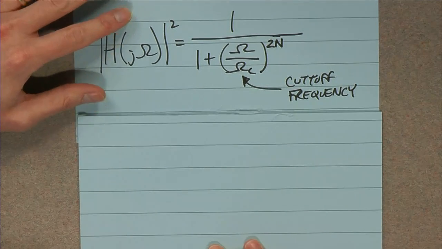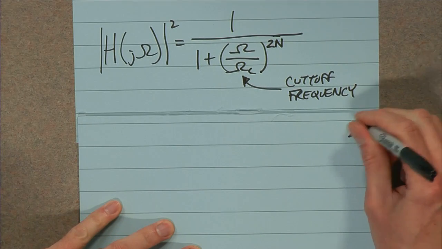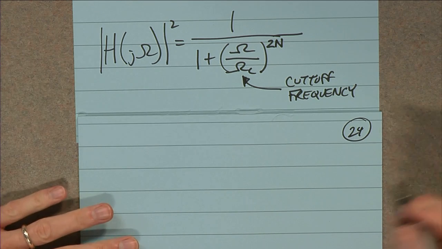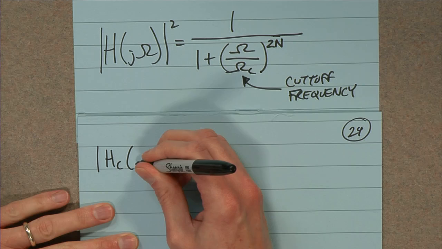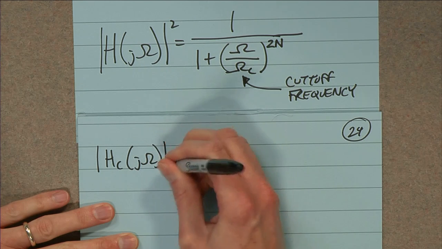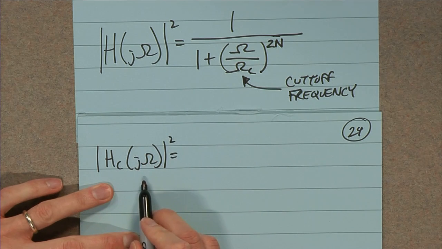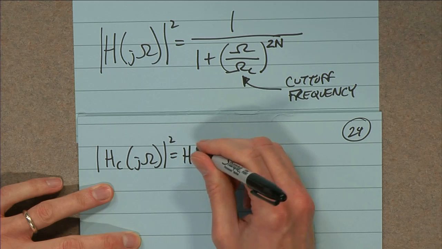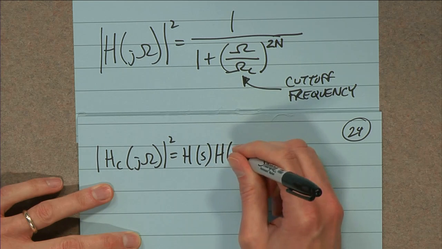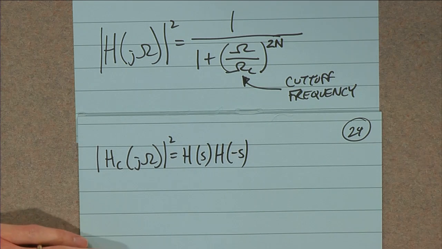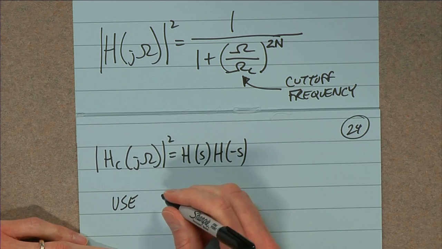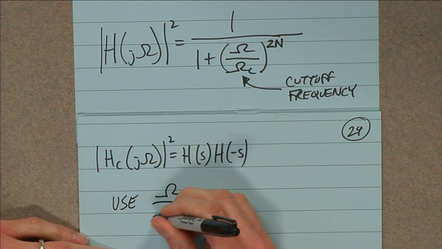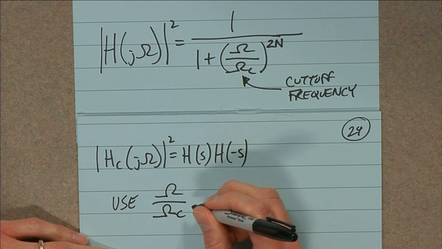So given that form, where do we go from there? Well, the way this can be derived is we can take this magnitude squared response and write it as H(s) times H(minus s), because of the complex nature of s. We can also use, and we'll have to use this, omega over omega c.